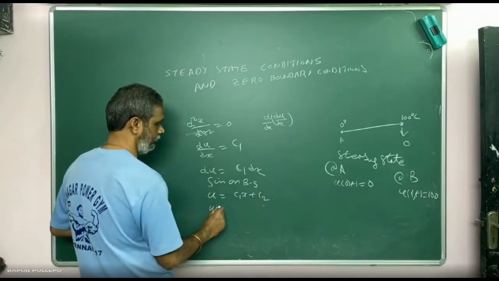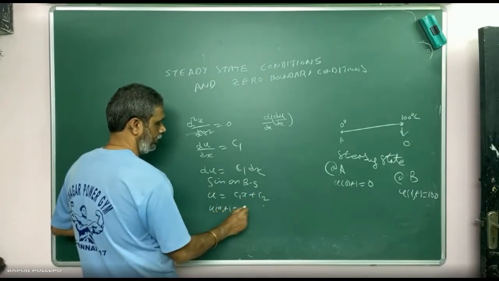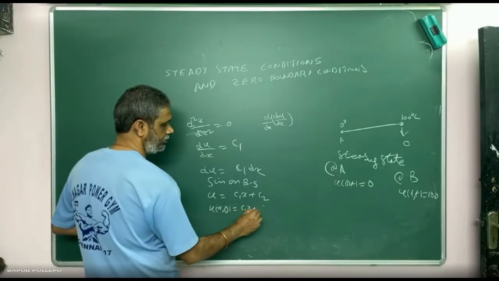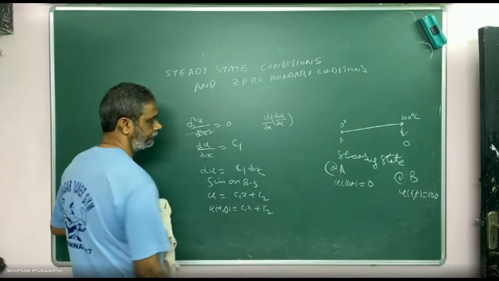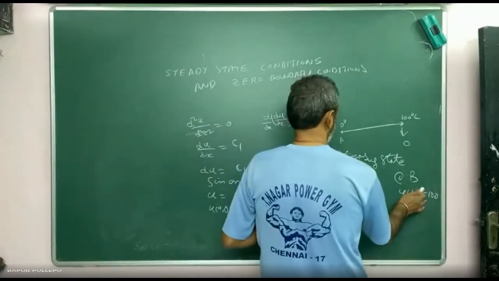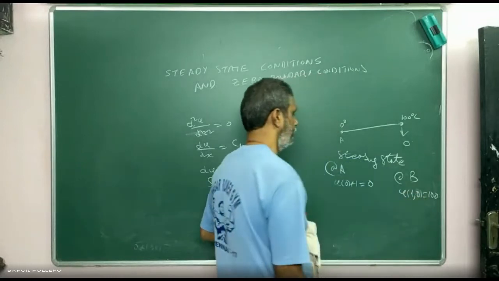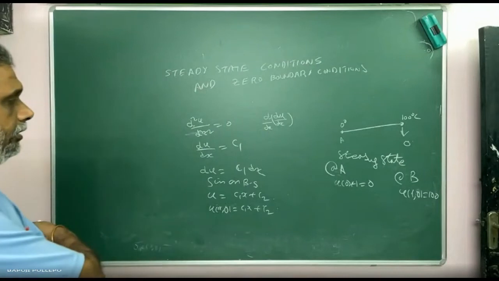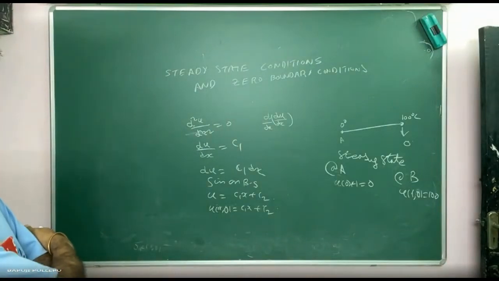This is u of x comma t. That is, in steady state, u of x is equal to C1x plus C2. Clear? In steady state I got the temperature.